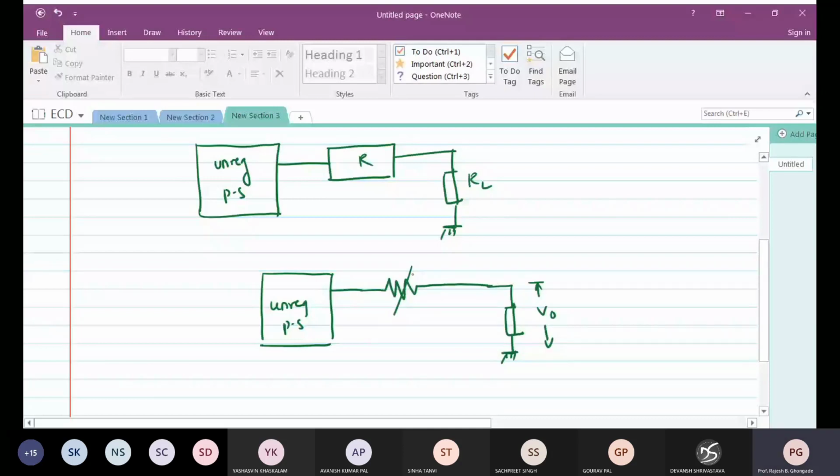So if this is your V in, this is the V out, and let us say this is your voltage across that device, VR. So the output voltage is given as V out equals V in minus VR. All right, agreed with all of this? All of you agree with this, guys?